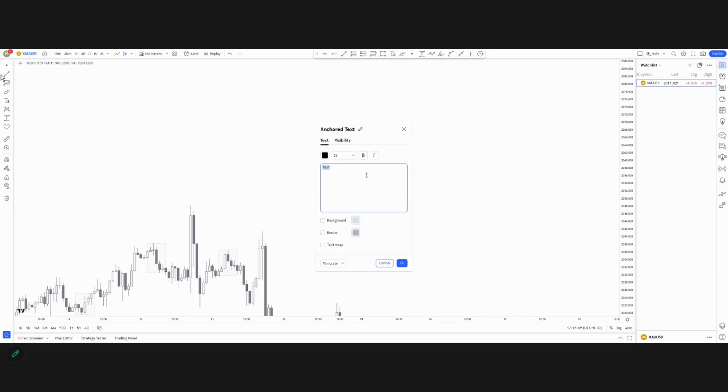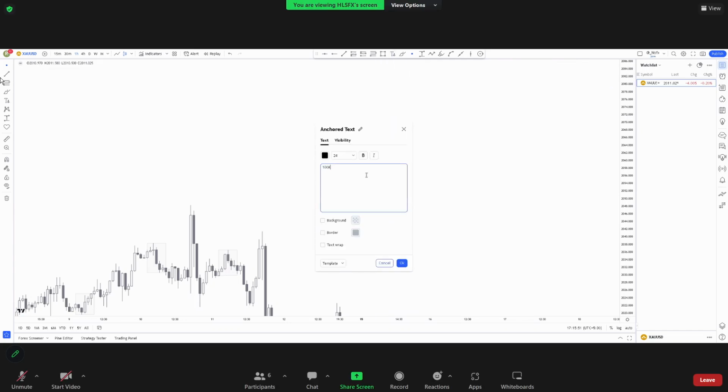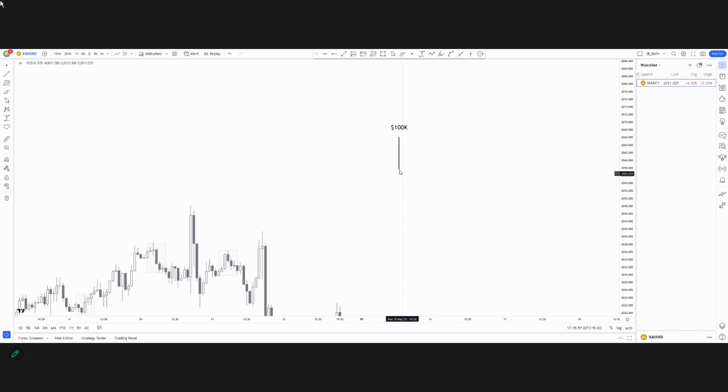Now let's say we have a 100K dollar funded account, and you are in a drawdown of 2%. What is 2% of 100K? $2,000, right? Now your target is 10% to win the first challenge.